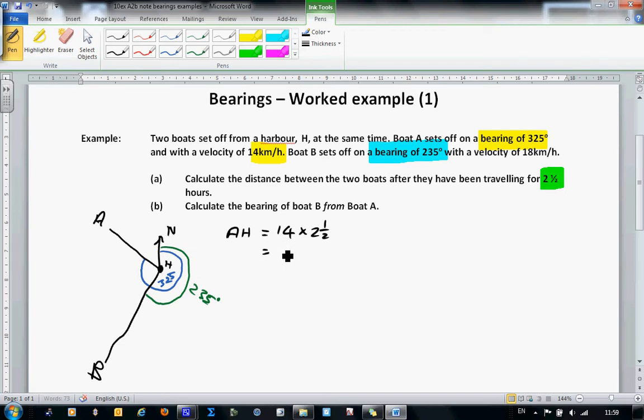And similarly, BH, the distance of the other boat, that one is travelling at 18 kilometers an hour. So we have 18 times 2.5, which is 36 plus 9, which is 45 kilometers.